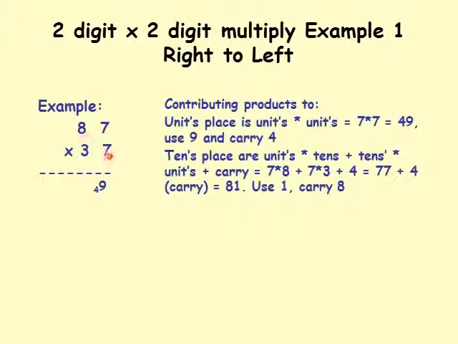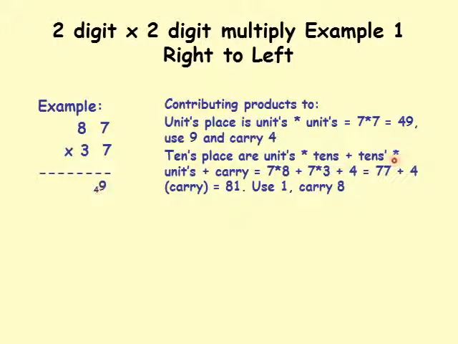In tens place, the contributors are units times units plus tens times units. So we have this product here crosswise and this product here crosswise. These are the contributors. 7 times 8 is 56, plus 7 times 3 is 21. 56 plus 21 is 77.